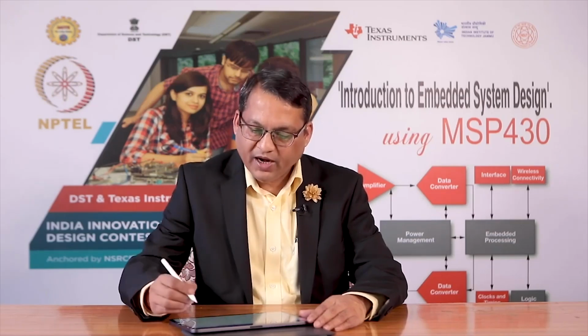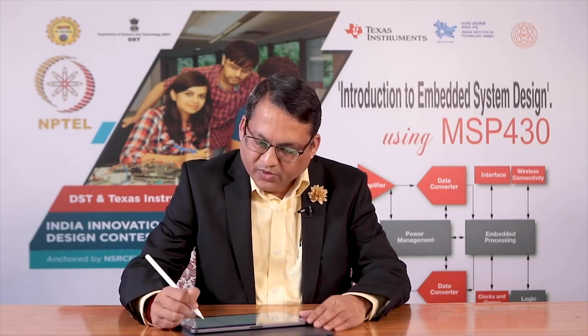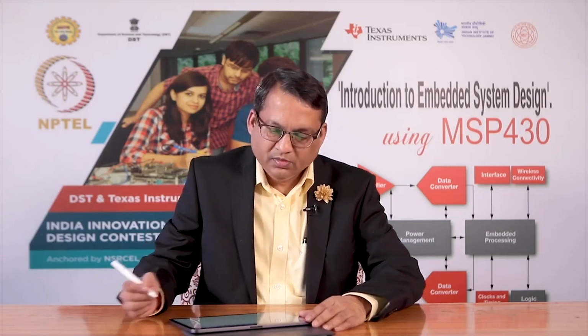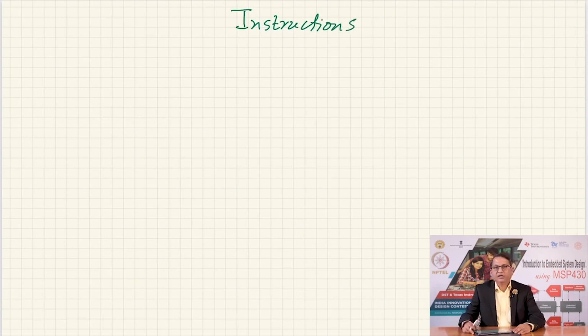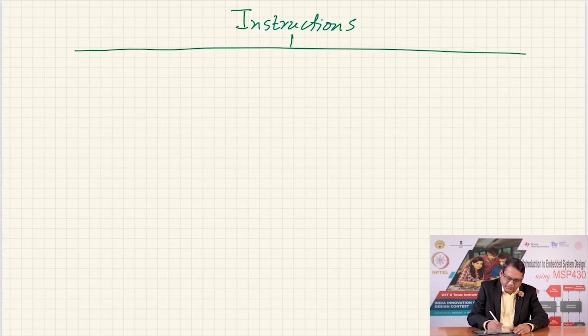And before we go to that, let me also classify the instructions. The types of instructions broadly can be classified in four types. The first instruction type refers to what are called data transfer instructions.